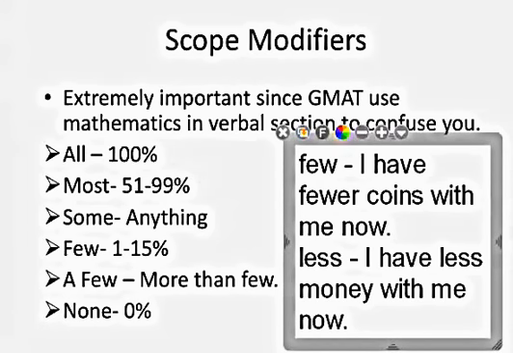If I say I have less money, you can count money, you can either count coins or you can count notes, but you cannot count money as such.